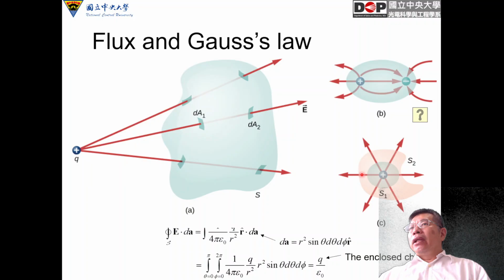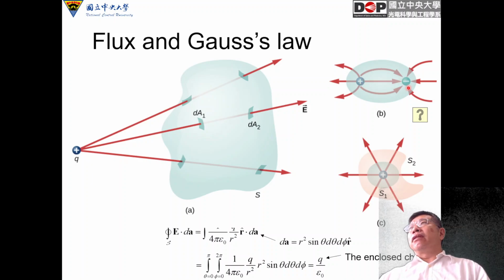And also, if this surface contains positive and negative charge, the field lines go from positive to negative, positive to negative, and also go out. So here 3 go out and 3 come in. So there'll be totally 0. So here, just consider there'll be no total charge inside, even though you have positive and negative.